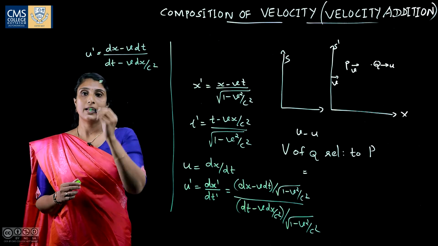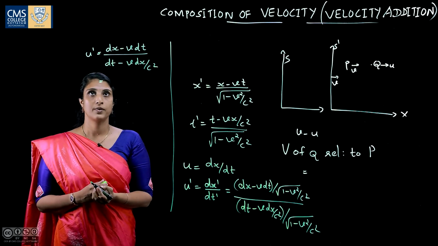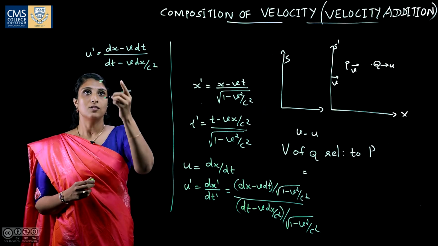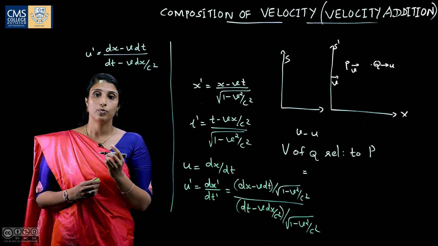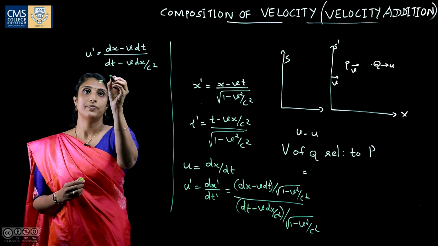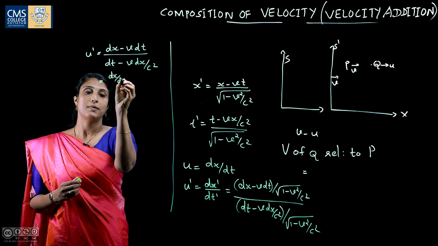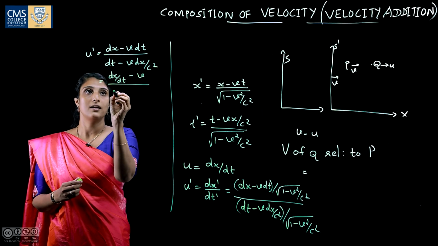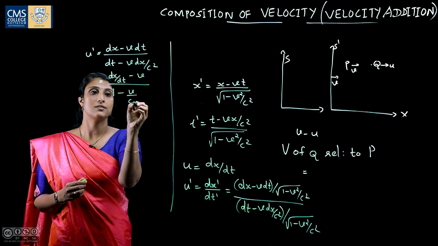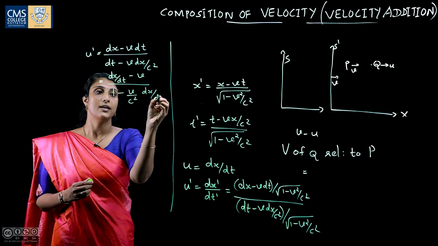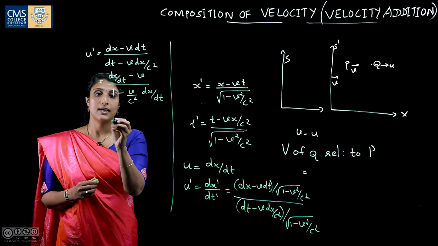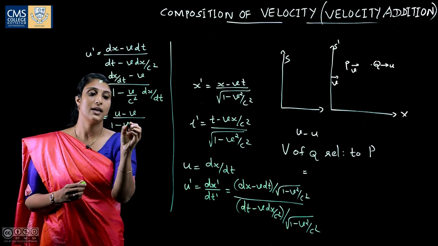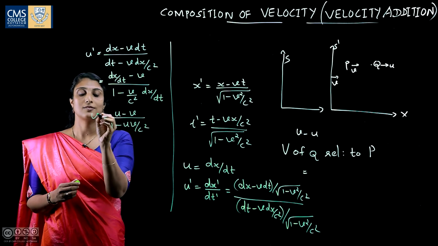Now, we have to obtain the relation connecting u dash and u. So, we know u equals dx by dt. So, we divide each term of numerator and denominator by dt. So, it becomes dx by dt minus v, dt by dt, divided by 1 minus v by c square into dx by dt. That is dx by dt is u, that is u minus v divided by 1 minus uv by c square.